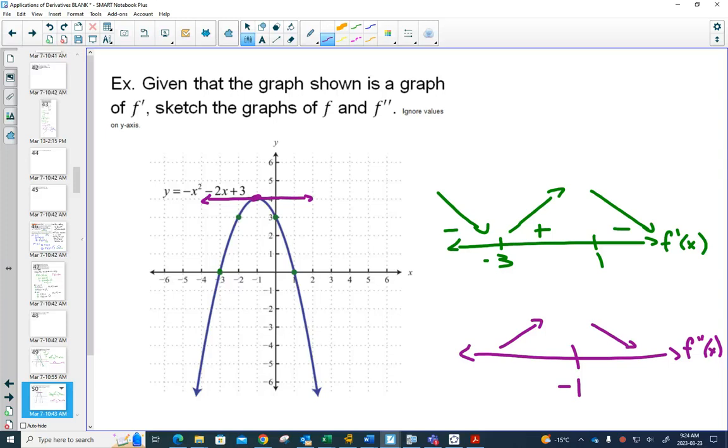So what would that mean? That would mean this section is positive, this section is negative. And now I can take that and translate it back to my original graph and say, oh, so that means my original graph has to be concave up. And my original graph here has to be concave down. So the one single graph tells us a lot of information. Okay?